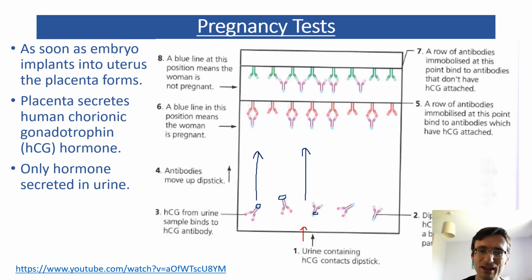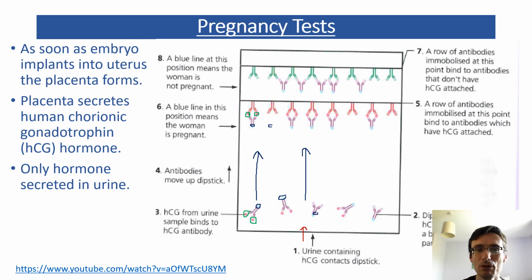So if you imagine that this green circle here, which I'm drawing on, is the hormone: if you do have the hormone, that antibody with the blue bead will move up the stick, but it will then attach to this second antibody here, which keeps the original antibody with the blue dye there. So what you get is a higher concentration of these antibodies with blue dye in one area.